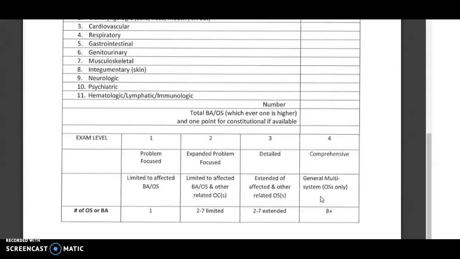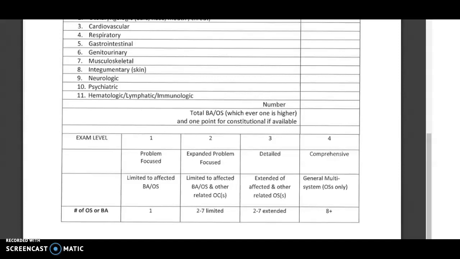Okay, now that we have that, let's go back to our examination. Make sure you're in the right area. Make sure you are not using the review of systems. You will see the physical examination is right underneath the review of systems.